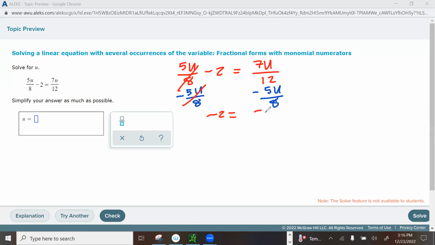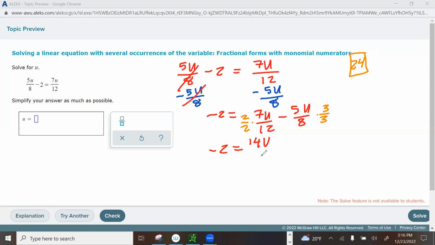Okay, so 5u over 8 minus 5u over 8 is 0, so we're left with a -2 on the left, and on the right we have 7u over 12 minus 5u over 8. Oh, look at that. We're subtracting and we don't have common denominators. So we got to get a common denominator. Looks like 24 will do just fine. So I'll multiply the first one by 2 over 2 and the second by 3 over 3, so that we get 14u over 24 minus 15u over 24.